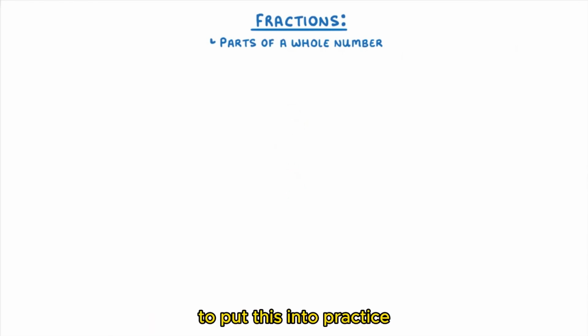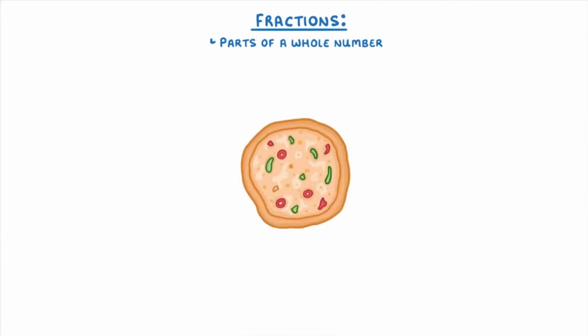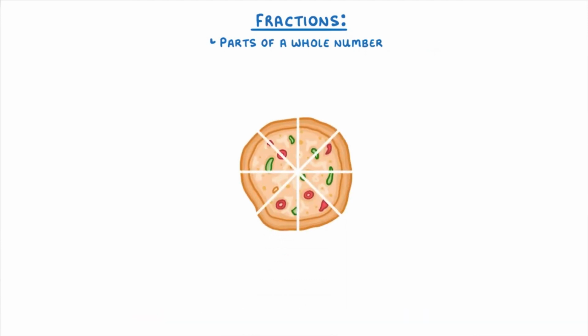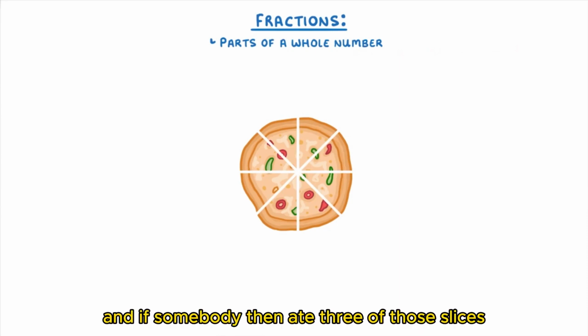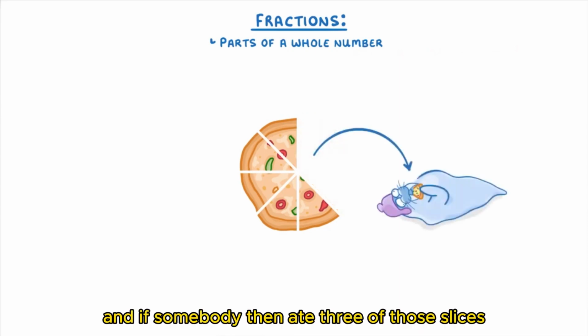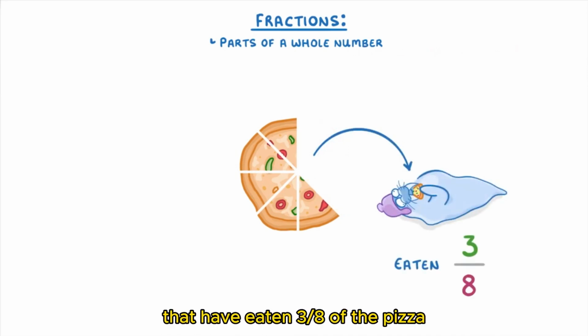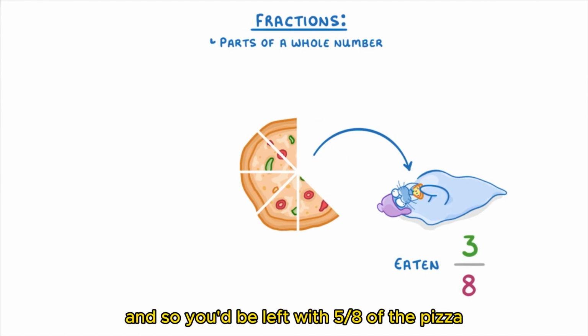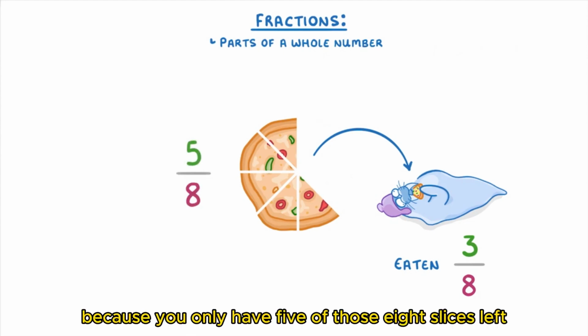To put this into practice, if you had a pizza and you cut it up into 8 equal slices, you'd have divided it by 8. And if somebody then ate 3 of those slices, they'd have eaten 3/8 of the pizza. And so you'd be left with 5/8 of the pizza, because you only have 5 of those 8 slices left.